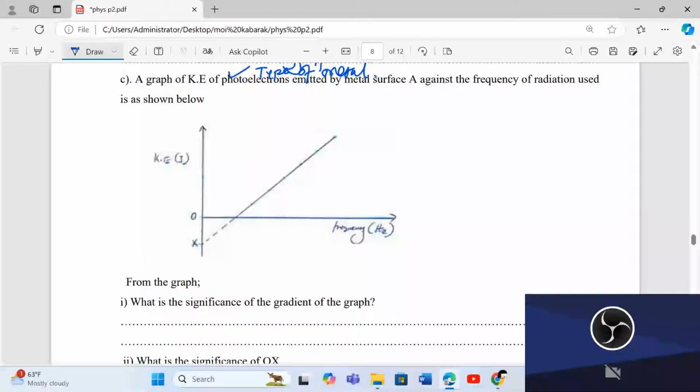Trust me that this is the most common analysis from the photoelectric effect or emission. Therefore, I'll discuss this one and I'll give some small differences. Stopping potential against frequency.